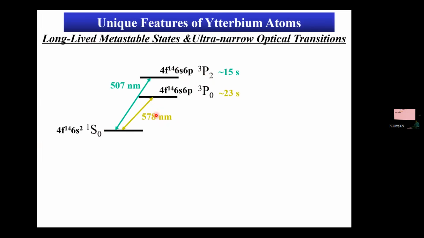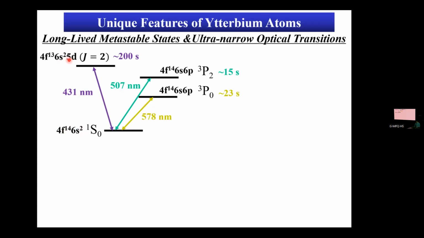And in addition, there is one more ultra-narrow optical transition at this wavelength, which is associated with the inner orbital excitation of the 4f shell, 4f to 5d orbital. So we will discuss this ultra-narrow transition later in this talk.